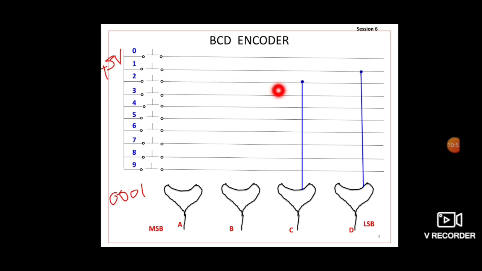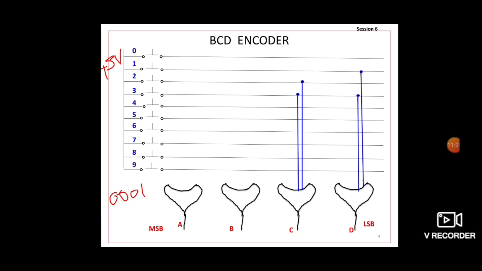If the second number is pressed, then this second line is connected to the C gate, because what is the binary number of 2? 0 0 1 0. If 1 is here, this OR gate is connected to this second switch. Suppose we take third, 0 0 1 1. So these two gates are connected to the third switch.